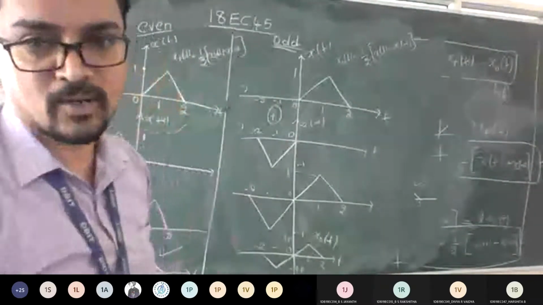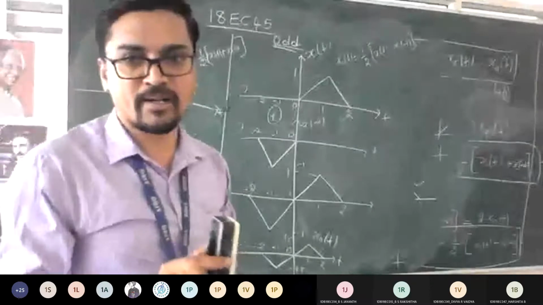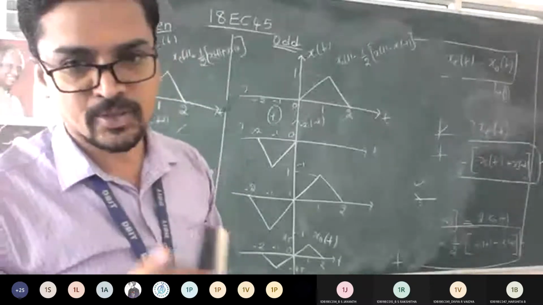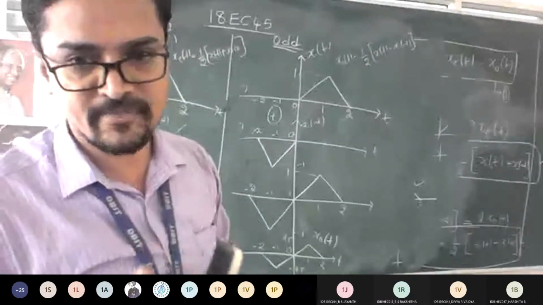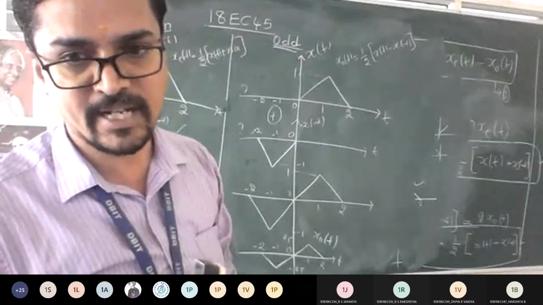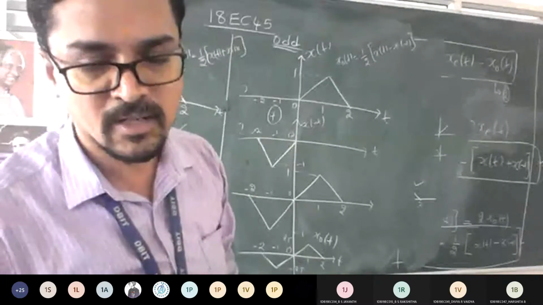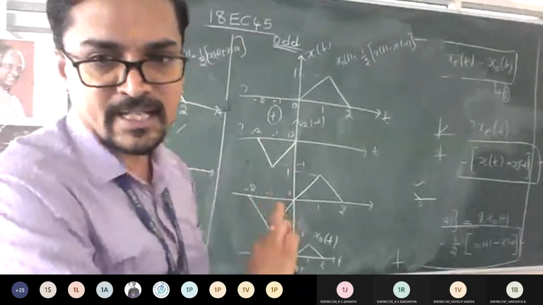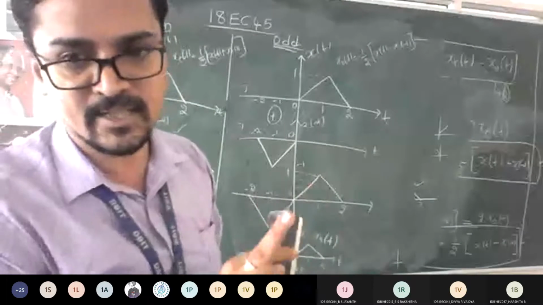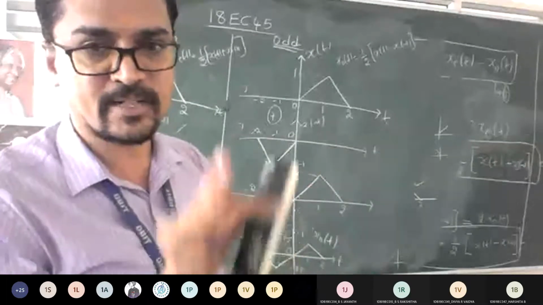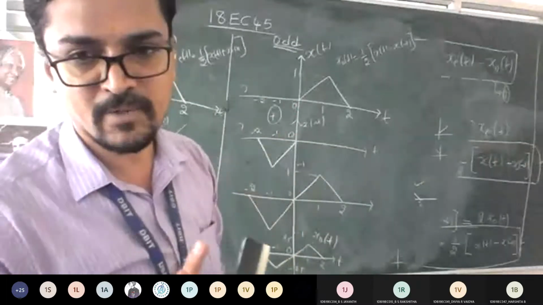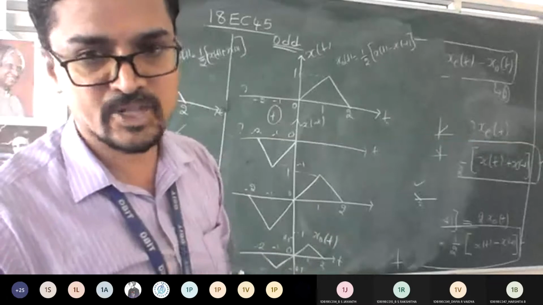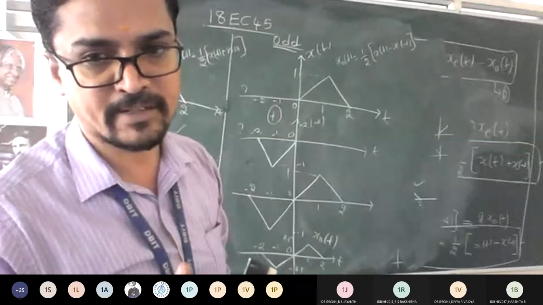Good. See now what I told, whenever you get an odd and even question in the exam, you can do the answer verification yourself, whether what I did for 8 marks is right or wrong. You just need to add the even signal and odd signal together. If you add together, you should get back the original signal. If you are able to get that original signal, that shows what you have done is perfectly right.